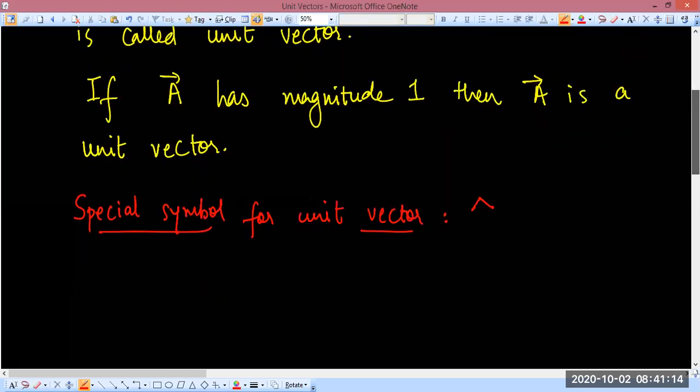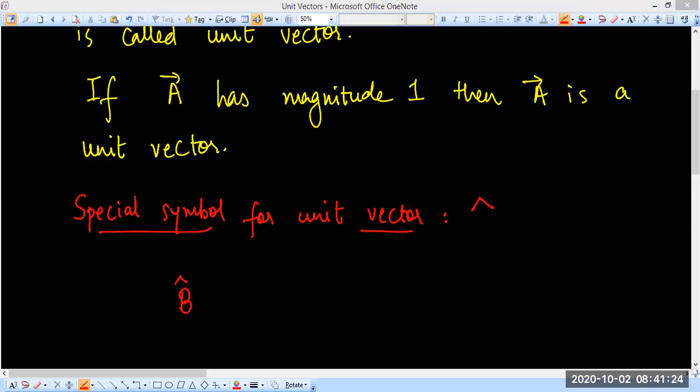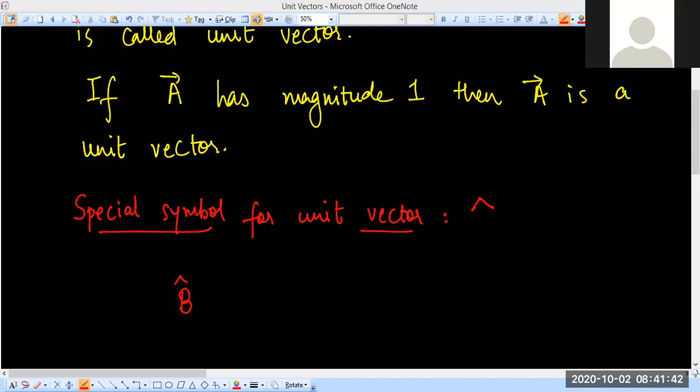So what does that mean? If I write like this, that means it is a unit vector. If you write like this, it's a unit vector.